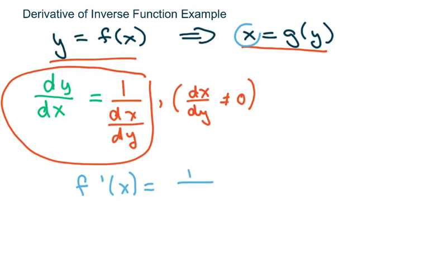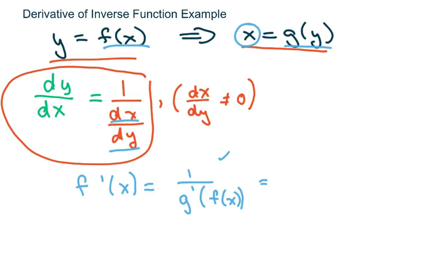So the dx over dy is going to be the derivative of g with respect to f of x. So the dx would be the derivative of that with respect to our derivative of y, which is that. So that's where this part's coming from.